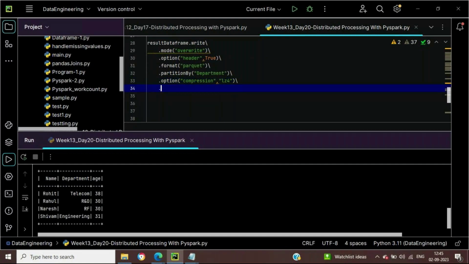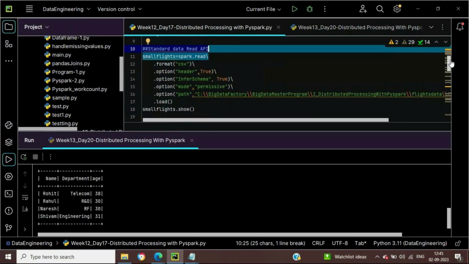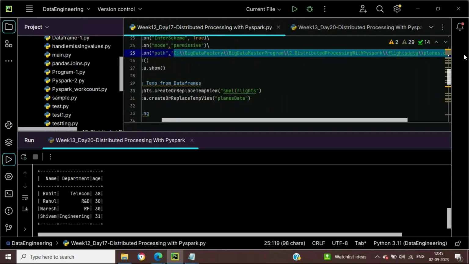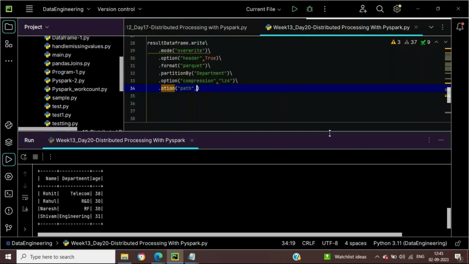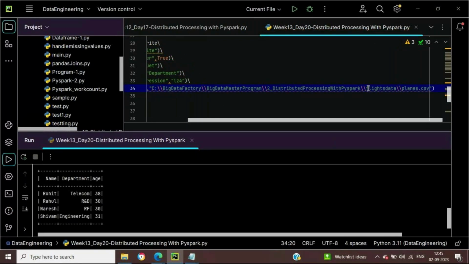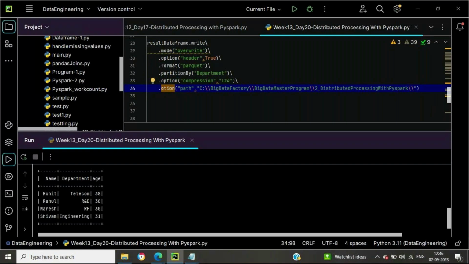Now option path, and let me use this particular path, price data, price spark, test. So this is the path, and then dot save.